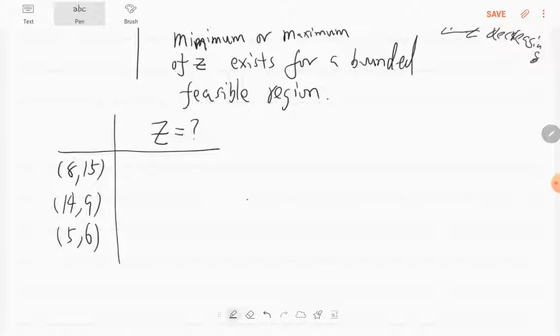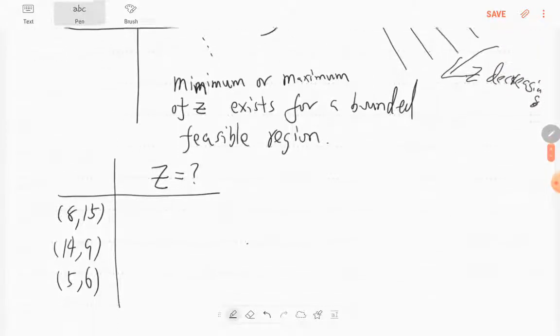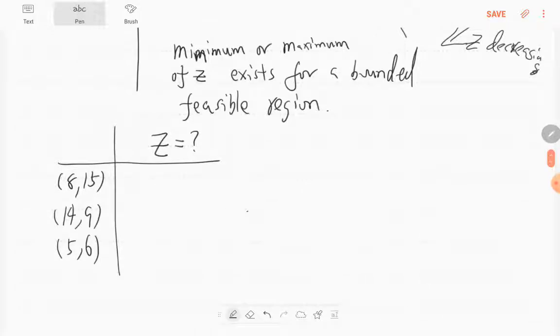For (8, 15), z is equal to 5 times 8 plus 4 times 15. If you use a calculator, this is 60, this is 40, so it's 100.